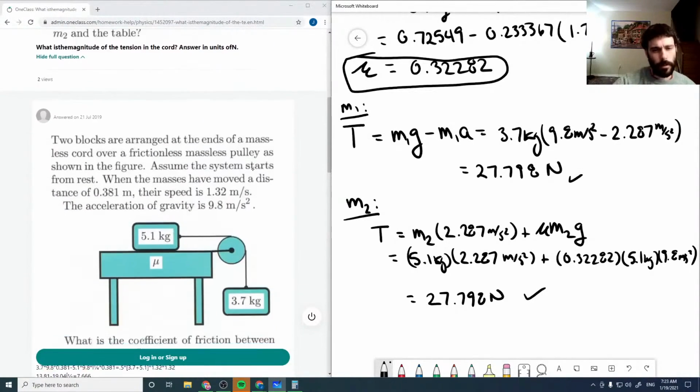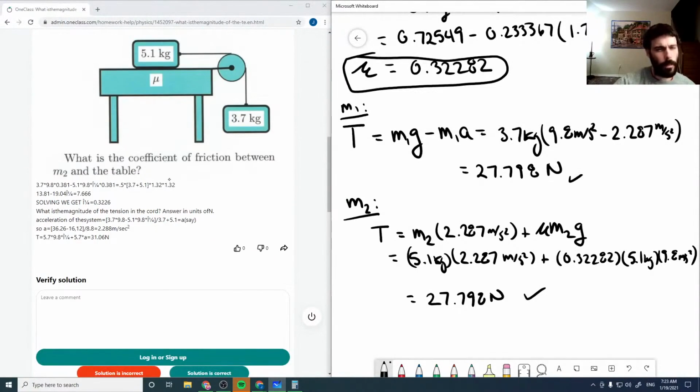Okay, so let's check through the solution here. We get 0.3226, so I believe that's the coefficient of friction. And acceleration of the system is a, which comes out to be 2.288, so that looks good.